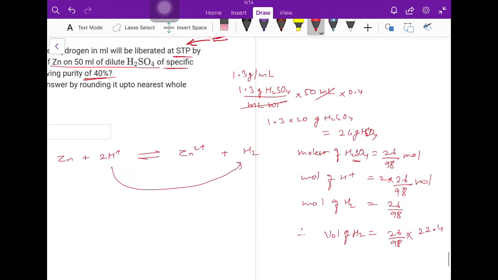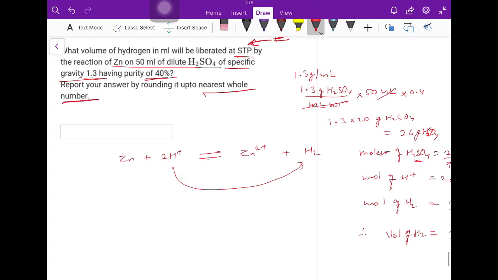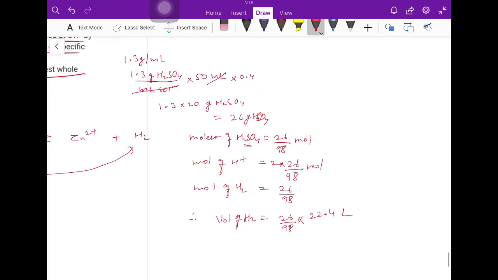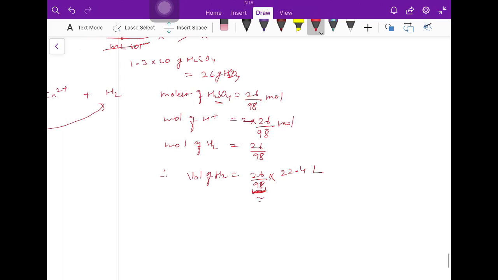Alright, so again they are asking us for the nearest whole number, rounding it to the nearest whole number. 98 can be rounded off to 100, but there is again a problem.